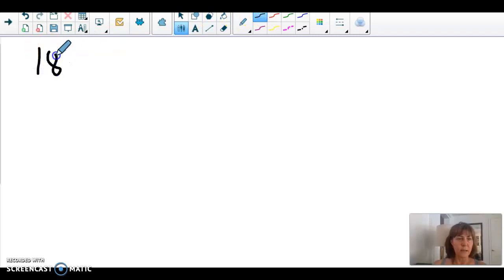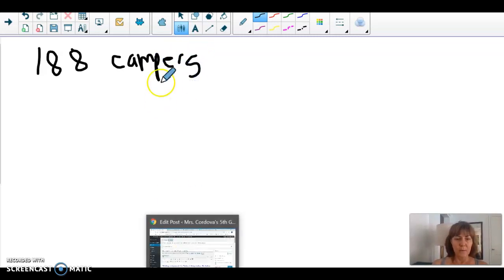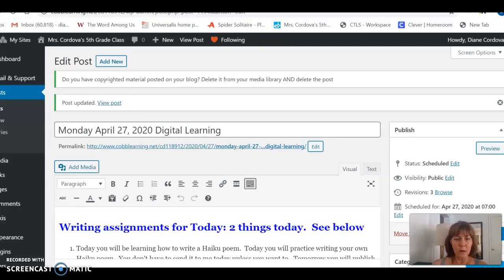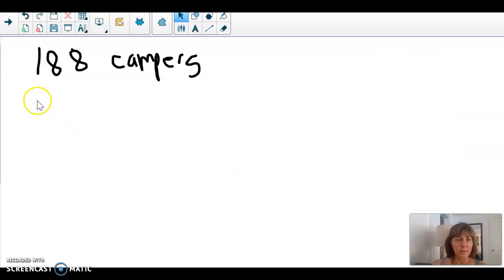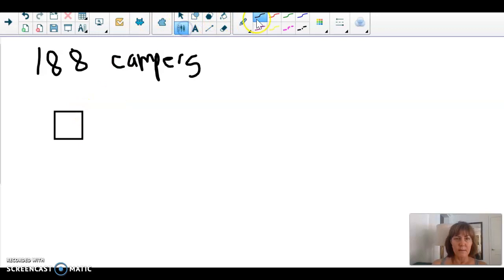So 188 campers. And we said that there were 3 times who voted for hot dogs as for spaghetti. So we have, let's do it this way. Okay, this can be hot dogs.